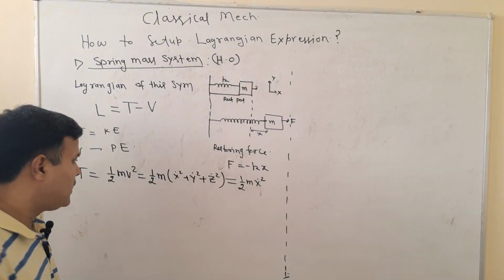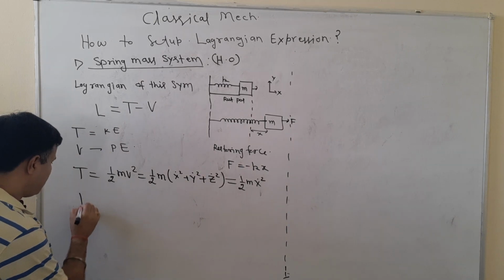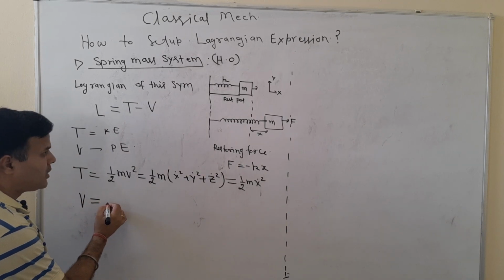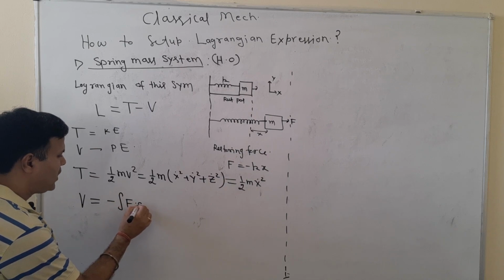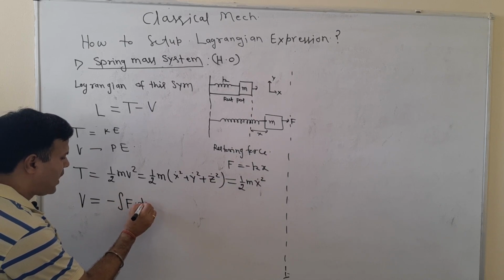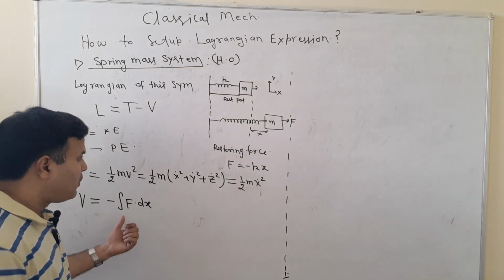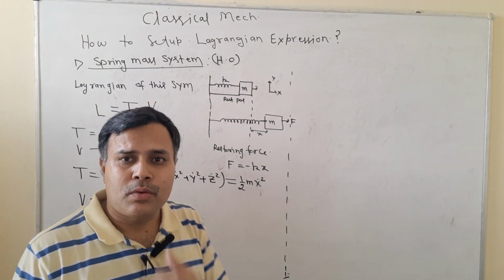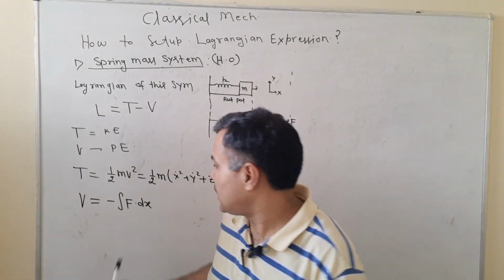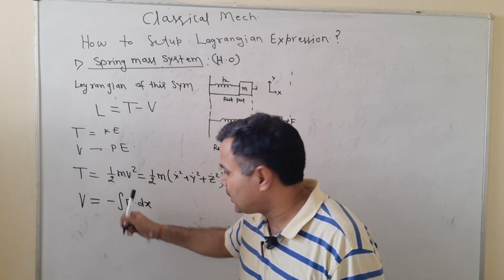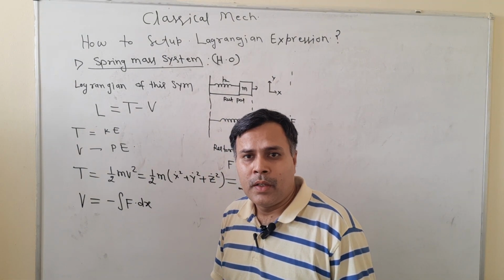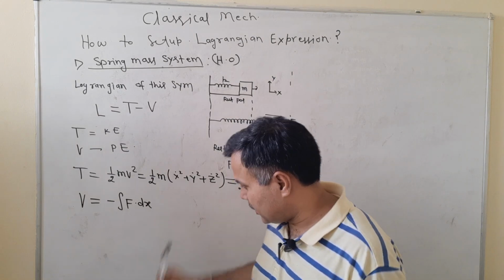What about potential energy? Potential energy is simply the integral of F dot dr, which in this case is F dx. And what is F? F is a restoring force. This is the general definition of potential, and if we have an expression for F, then we can easily find the potential energy expression.